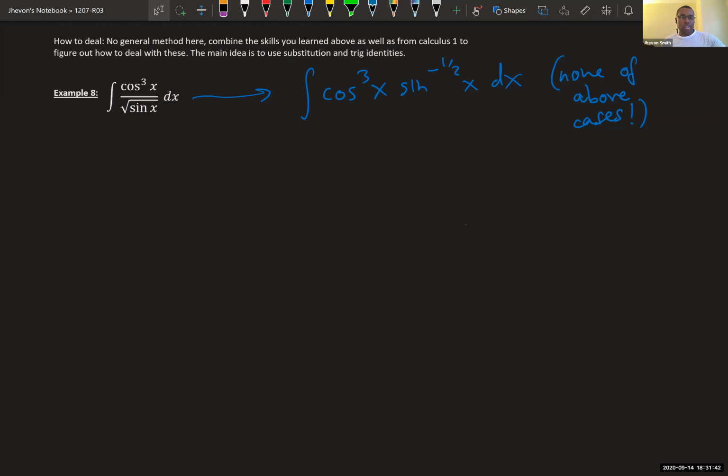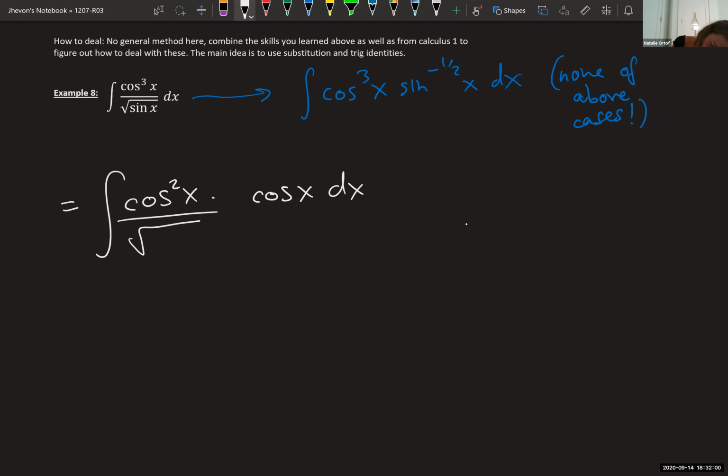So you see that on a quiz. What do you do? Panic. I'm kidding. Not panic. You never panic. Do you pull out the cosine and make that du? So you're saving a factor of the cosine. What do you want to do now?